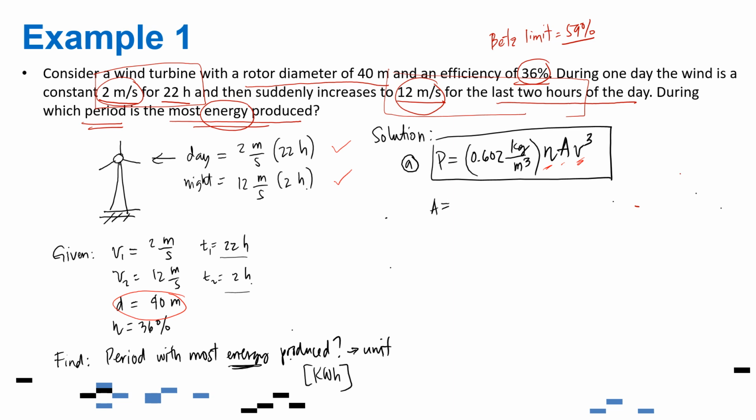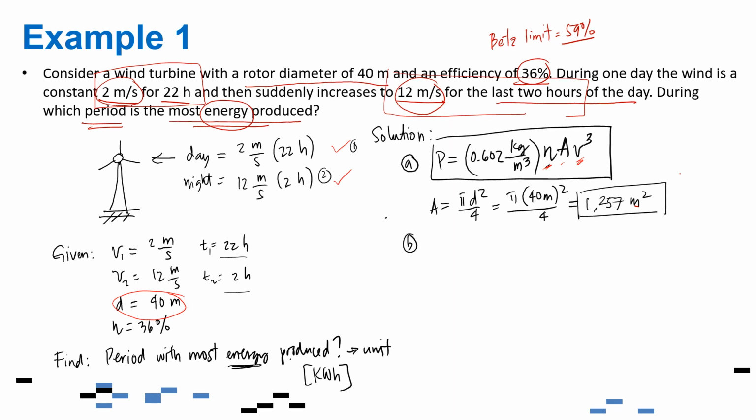What is the area for the wind turbine? We have pi d squared over 4, which is pi times 40 meters squared over 4. By calculation, the area is 1,257 square meters. This is the area of the wind turbine.